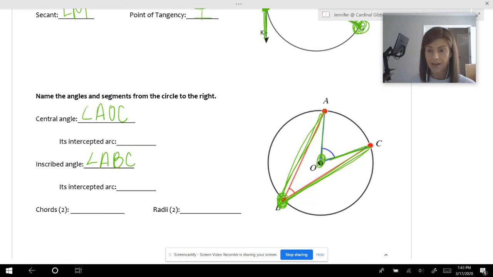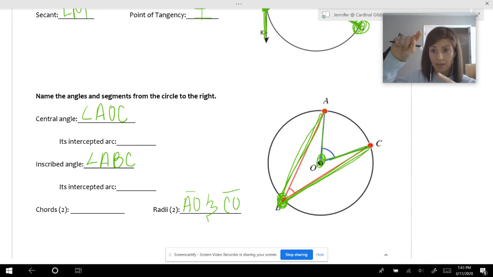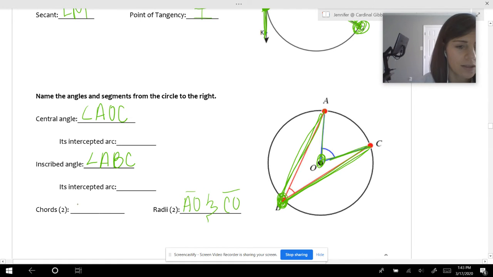That's the plural for radius. The central angle is created by AO and CO here. An inscribed angle is created by two chords. So it's created by those two segments that go from the edge of the circle to the edge of the circle. The chords in this picture creating that inscribed angle are AB and CB.